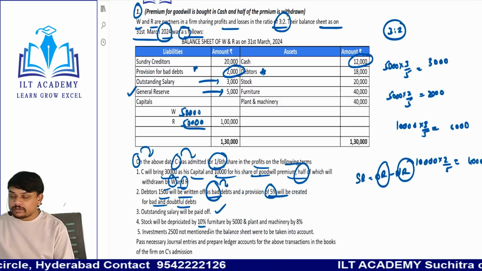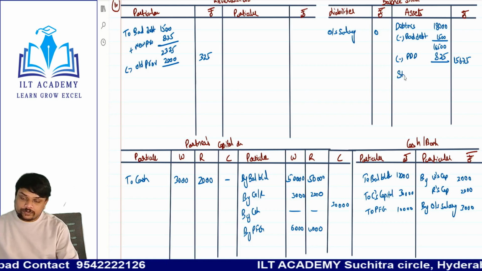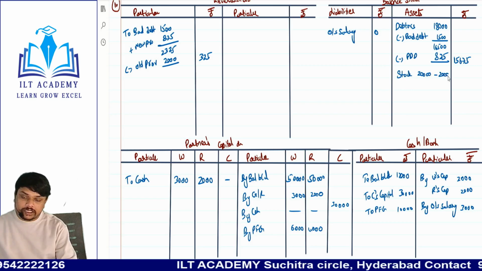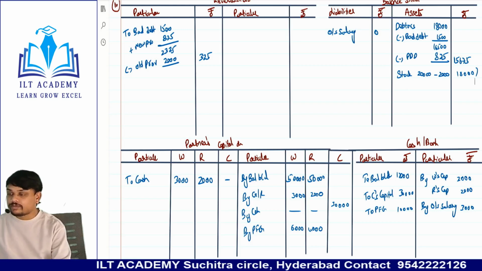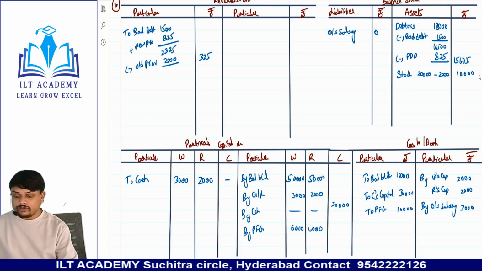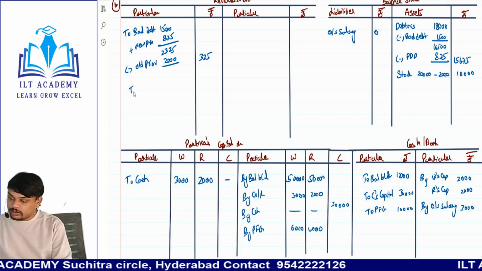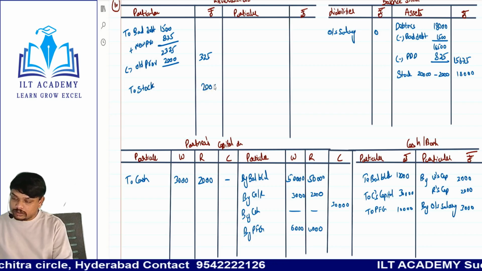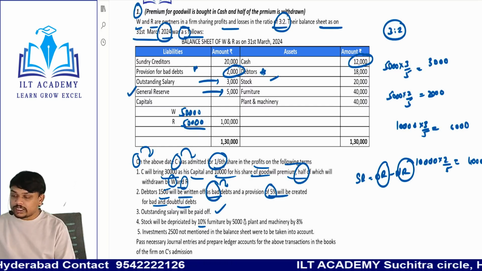Stock will be depreciated by 10%. Stock value is 20,000. 20,000 minus 10% depreciation, 2,000, will be 18,000. Next, furniture by 5,000.